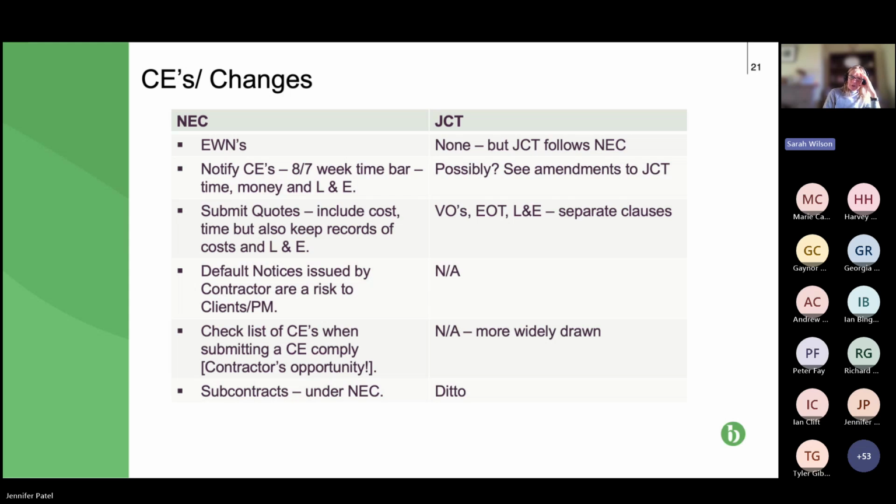We also have a requirement to notify a compensation event within 7 or 8 weeks, depending on whether you're on a contract or a subcontract, and a penalty if you fail to do that. The penalty being pretty nasty in that you won't be entitled to any payment at all or any extension of time. And of course, if you're not entitled to an extension of time, you may also end up having to pay delay damages as well.